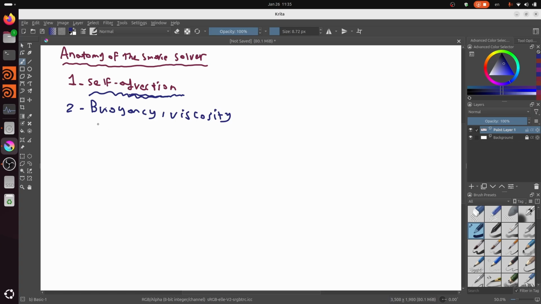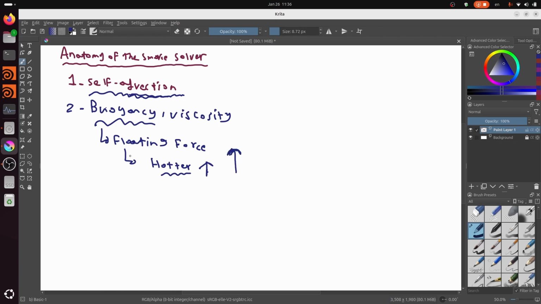Okay, so the buoyancy is just the floating force. To cut it short, the buoyancy is the force that makes the hotter smoke rise upward. So the hotter your smoke is, the more it's going to go upward.